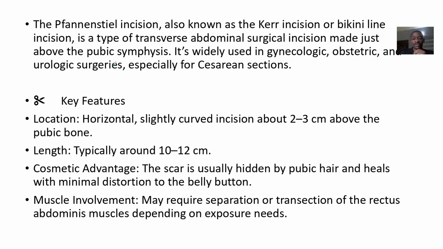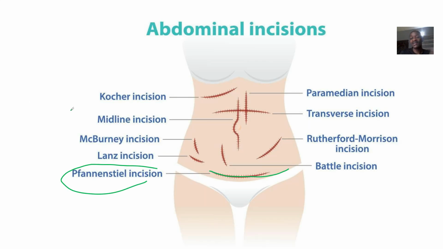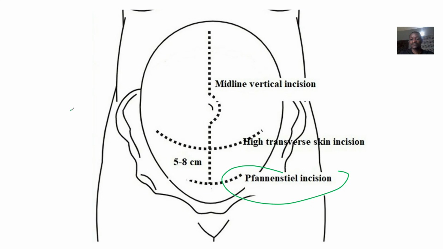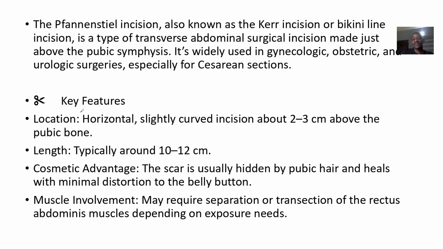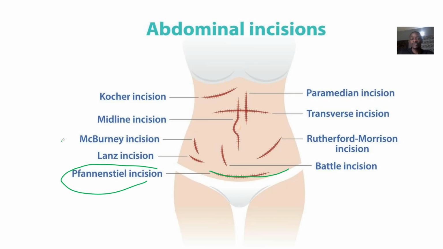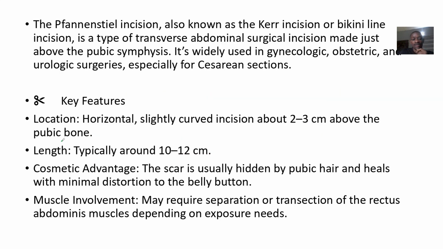So the key features: it is horizontal, slightly curved, just like I told you guys, about 2 to 3 centimeters above the pubic bone. Length is typically 10 to 12 centimeters if you measure the whole length. The cosmetic advantage is why they make it curve.